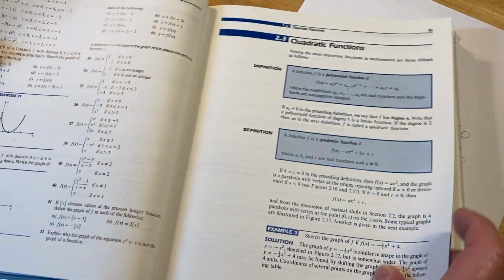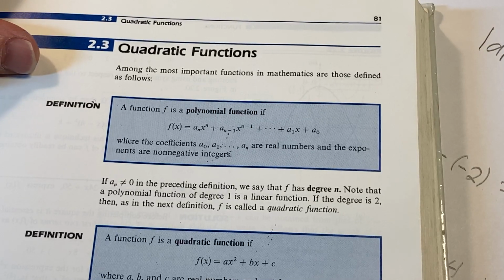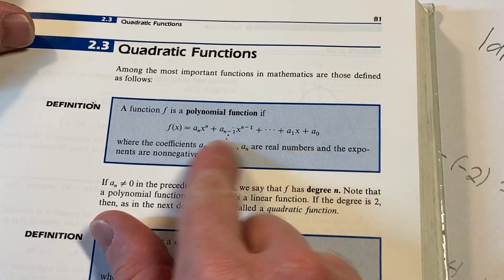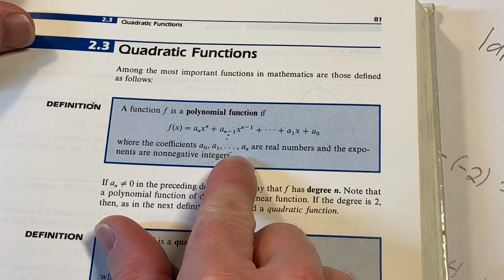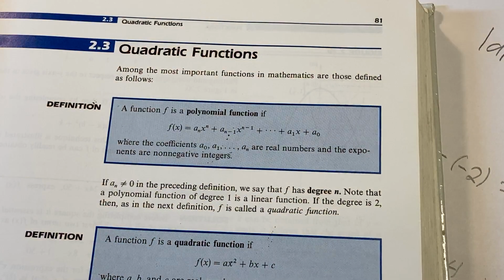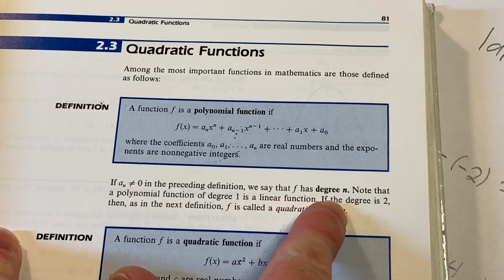So, what's this? A function f is a polynomial function f of x equals, all right, cool, where the coefficients a sub 0 through a sub n are real numbers, and the exponents are non-negative integers. If a sub n is not 0 in the preceding definition, we say that f has degree n.